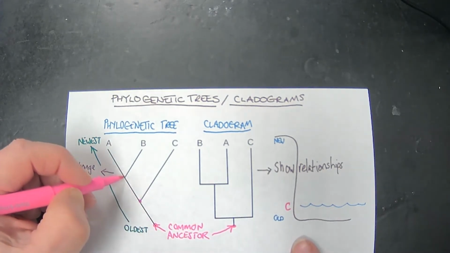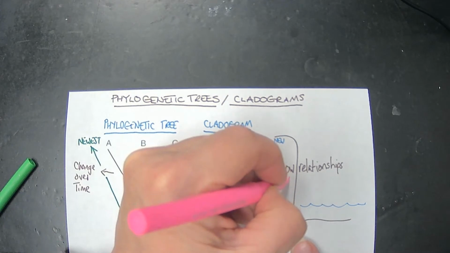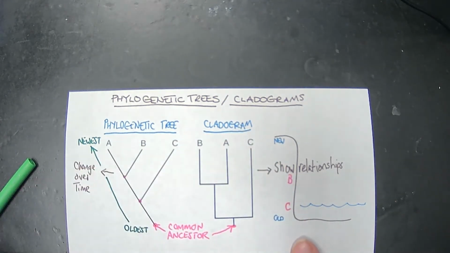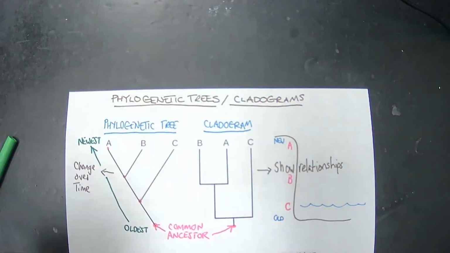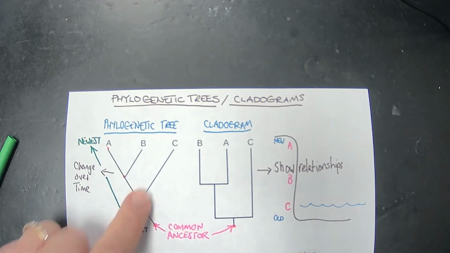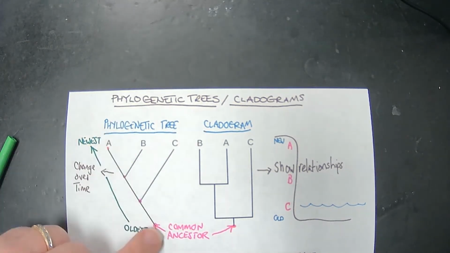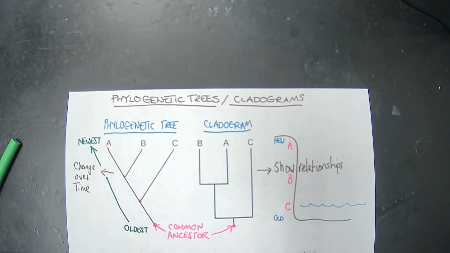The next one as we come along is B. You would find B higher up the cliff because you would find it in rocks that were younger than the rocks that you find C in. And then at the end here, you may find A all the way up at the top. So by looking at how they branch off, you see what order they appeared in, in something like a fossil record.